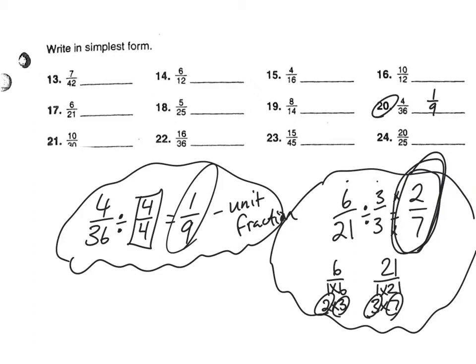Think about it. I hope you're a kid that's thinking 2 is prime and 7 is prime. So 2/7 is a final answer. So I'm going to go write that on number 17. And I'm done.